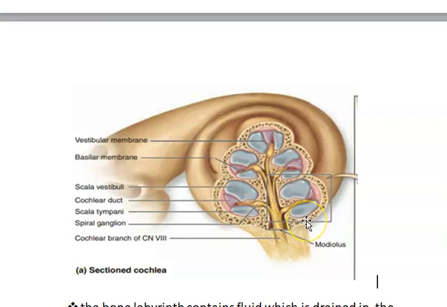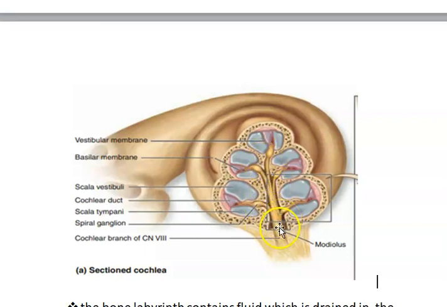Now, this bony labyrinth, friends, is the cochlea itself. The cochlea is going round a bone structure that we are calling the modiolus. So the modiolus is this bone structure that we are seeing in the middle here.